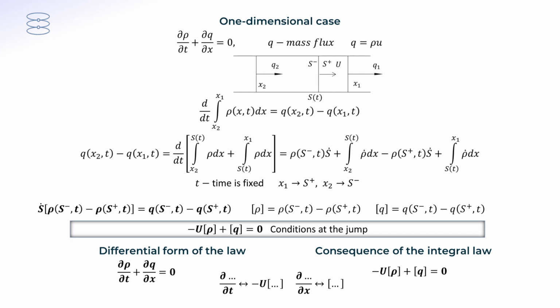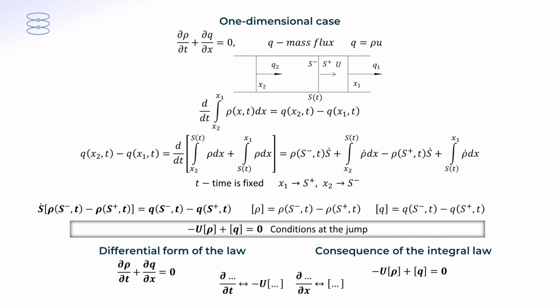U is the speed of movement of this shock wave, and if we choose two different coordinates x1 and x2 in this tube and consider the mass between these 2 points, we can write the law for mass conservation in this case. So this is the mass between 2 points, and this is the mass flux incoming and outcoming from this zone.